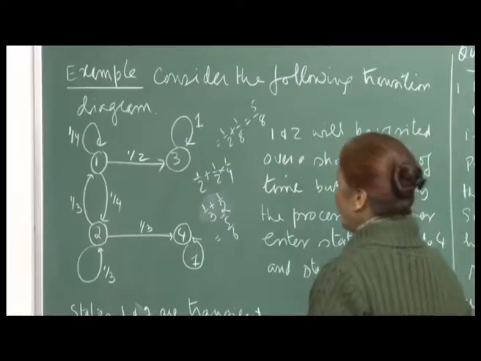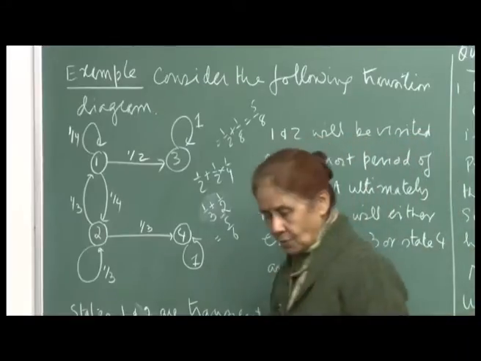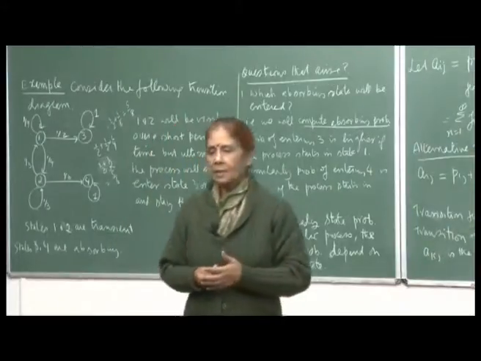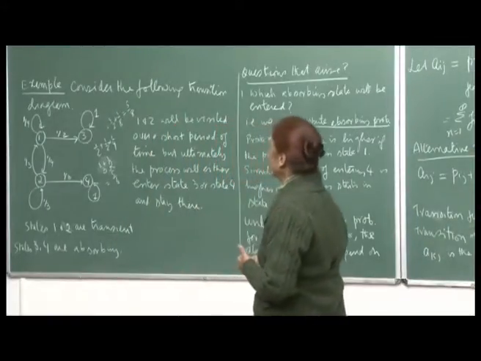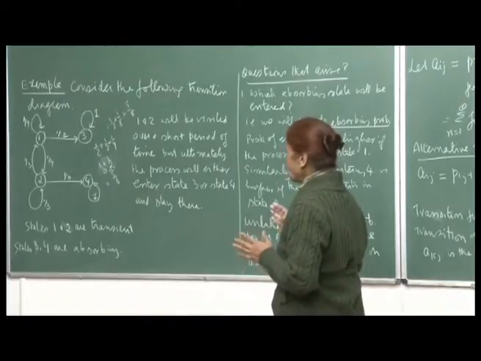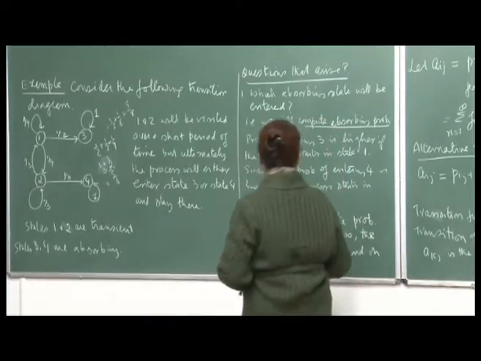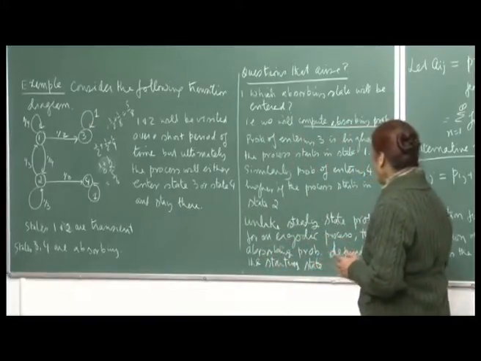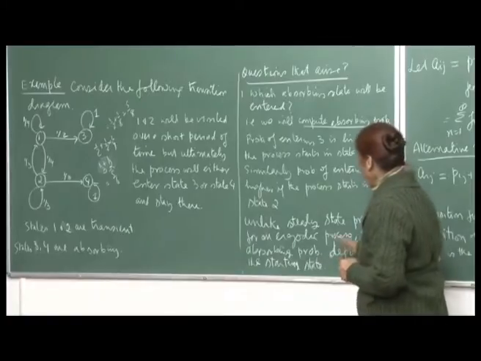So what we are making a case for is that the absorbing probabilities are not independent of the starting state. Unlike steady state probabilities for an ergodic process, the absorbing probabilities depend on the starting state.